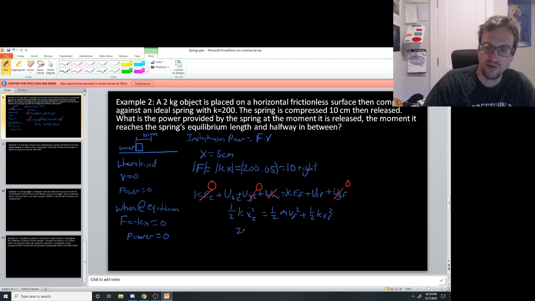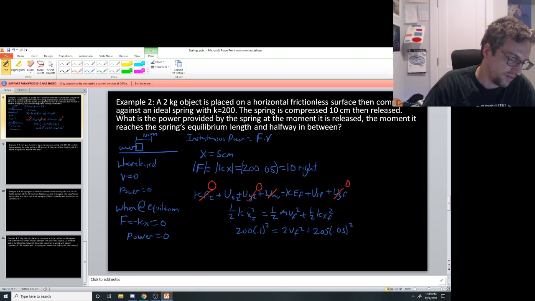The 1/2s all go away. We get 200 times 0.1 squared equals 2 v final squared plus 200 times 0.05 squared. And if you plug all that in, you get that v is equal to 0.867.